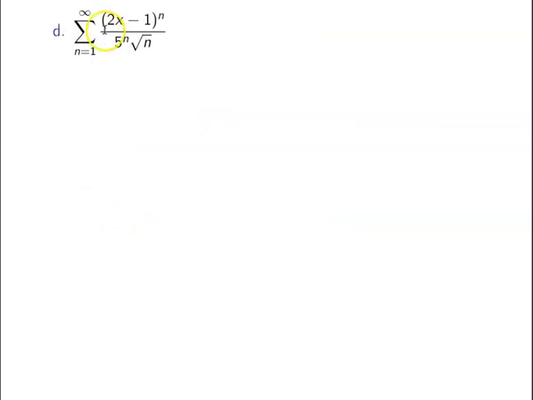For d, I have 2x minus 1 to the nth, over 5 to the n times the square root of n. I would use the root test here as well because I have powers of n, top and bottom. Okay, this is going to give me 2x minus 1 on top. This is going to give me just a 5.